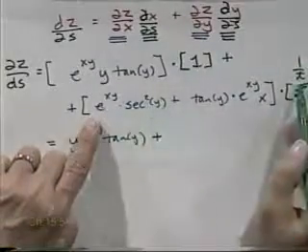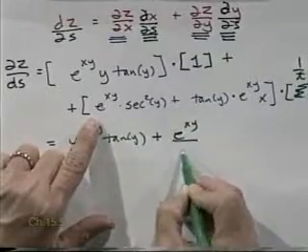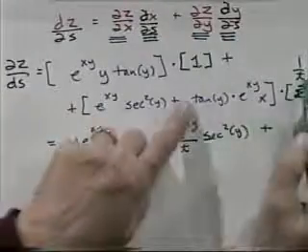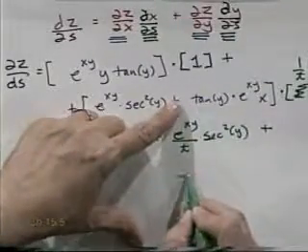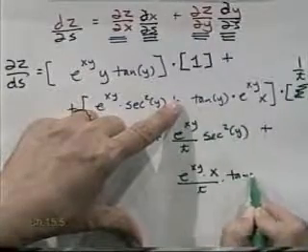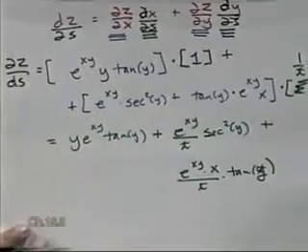So if you went this times this, you would end up with e to the xy over t times secant squared y plus, and when you go this times this, it would be e to the xy times x over t times tangent y. Okay, if I multiplied it out.